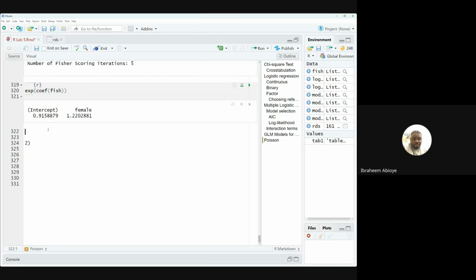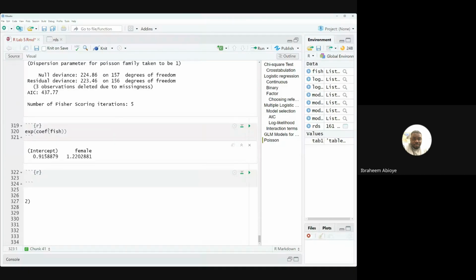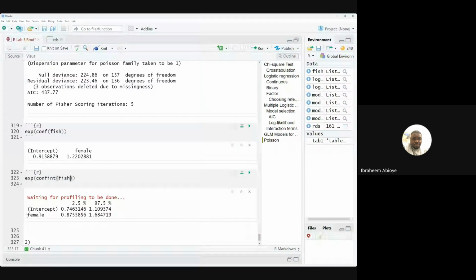If we wanted the confidence interval, we use the confint function, and it will provide for us the confidence intervals for the intercept as well as for the variable that we're interested in, 0.88 to 1.68. So this is log Poisson.